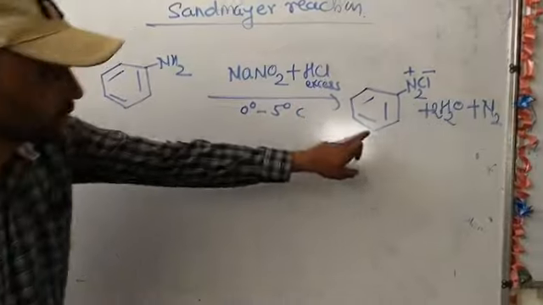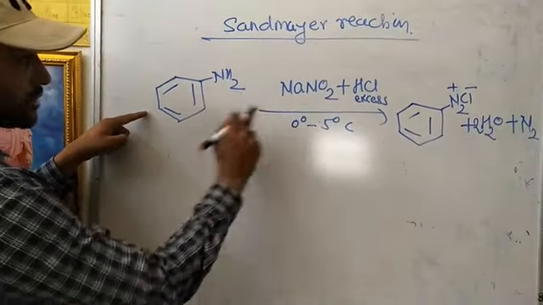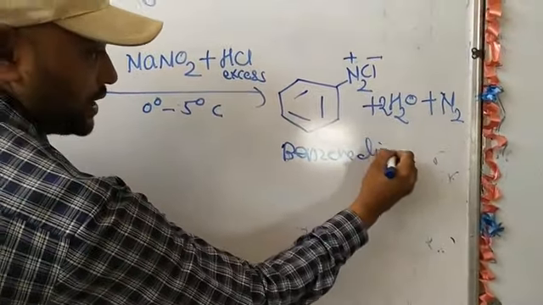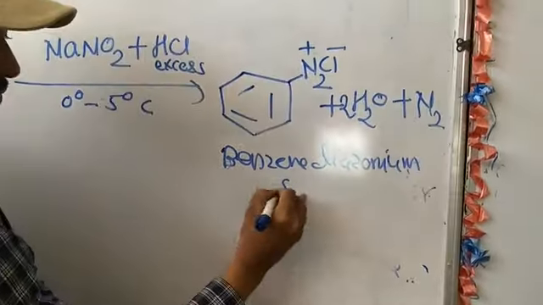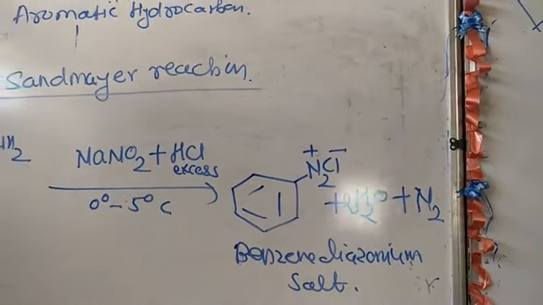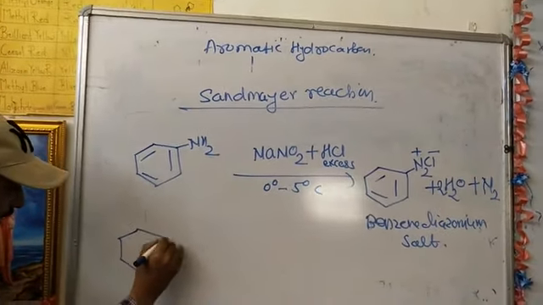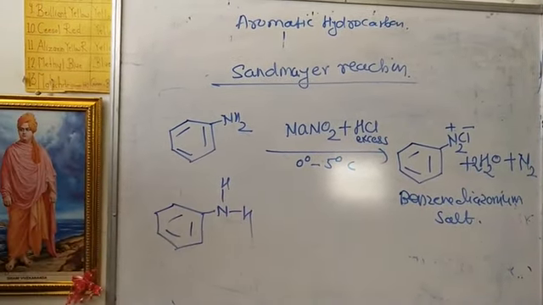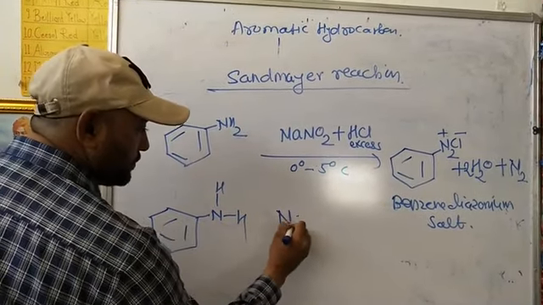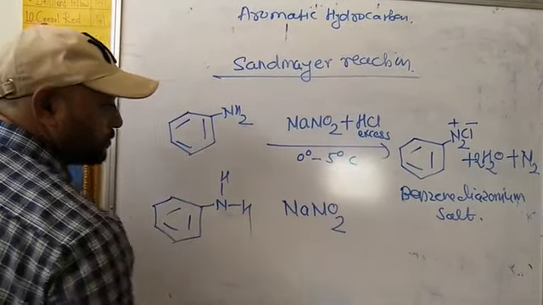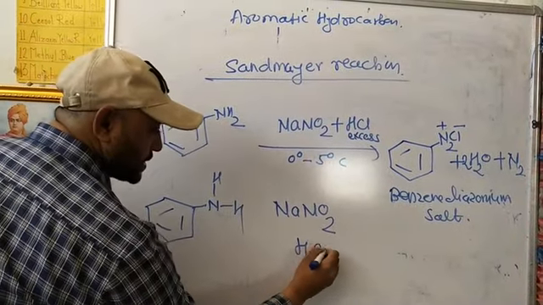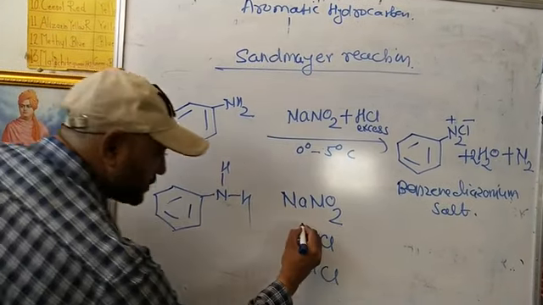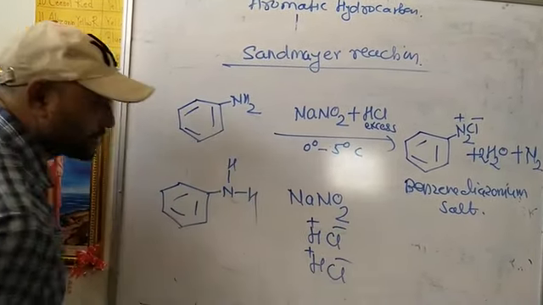Look at how the reaction proceeds. This is a diazotization reaction forming benzene diazonium salt. We write aniline like this, NH2. Now NaNO2 and excess HCl. We write here H plus Cl minus.